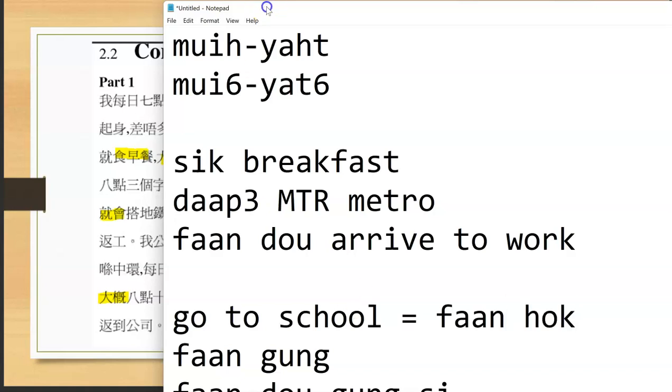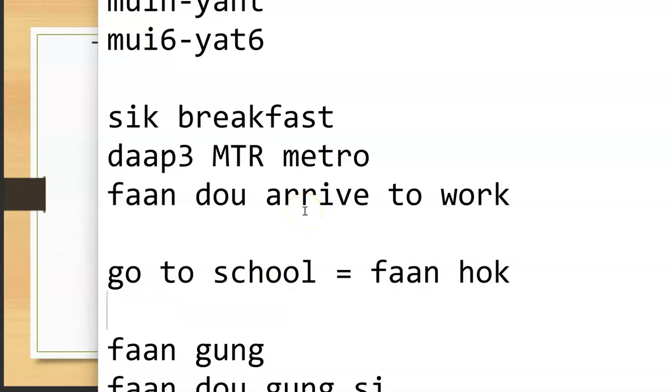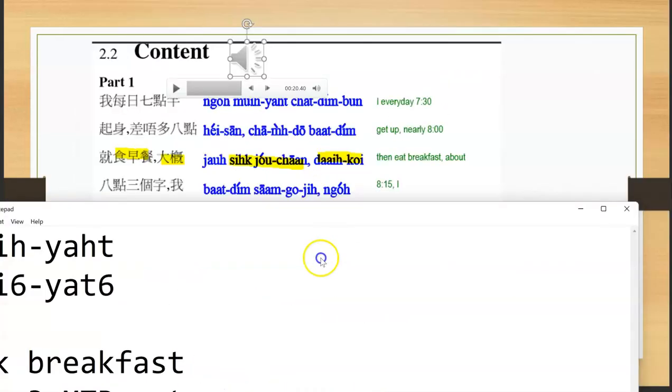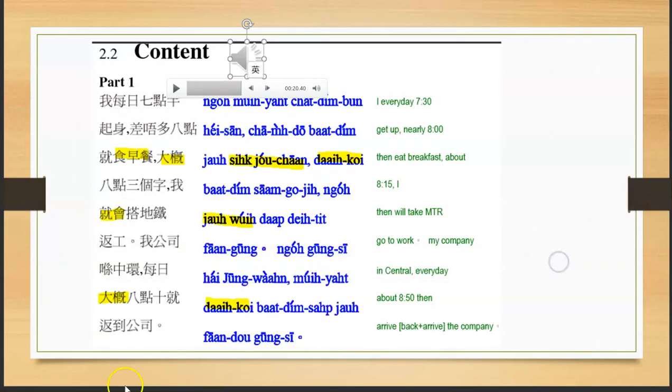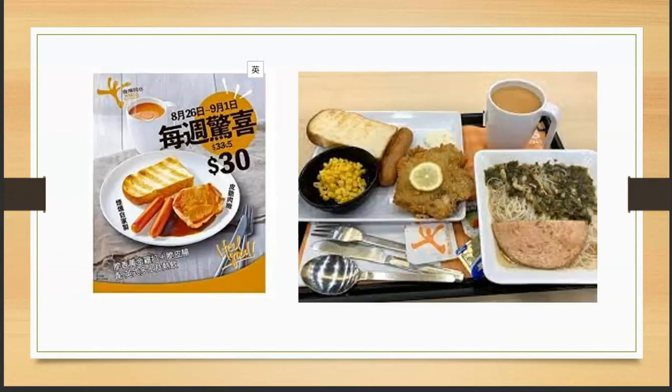If you actually arrive to school, that would be 返到學校.